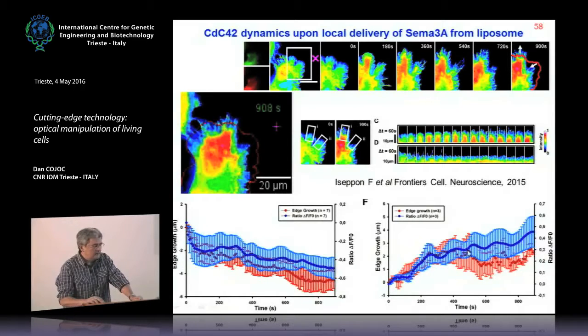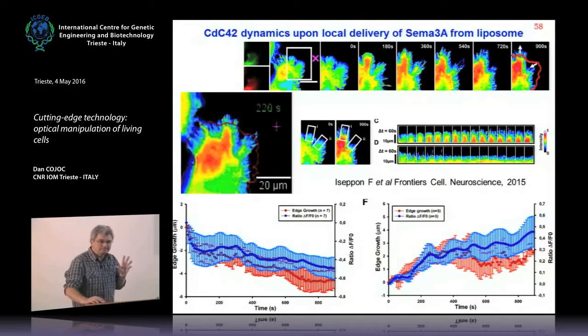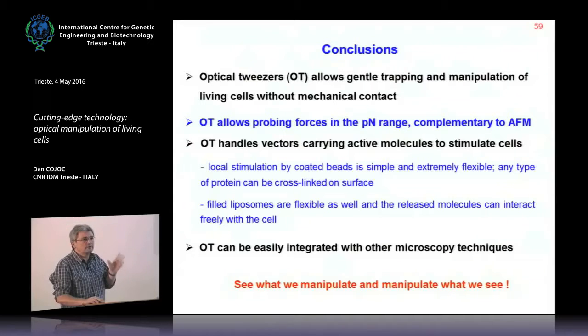And we observed some wave behavior of the CDC42. Needless to say, I am not very prepared on the biological part, but I think you got a flavor of what can be done.